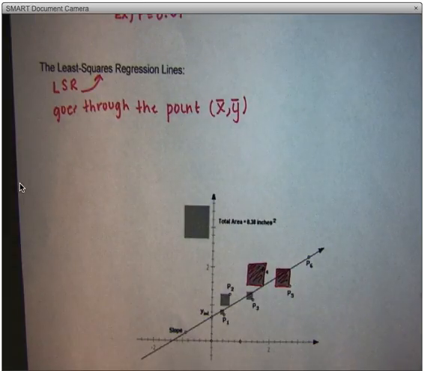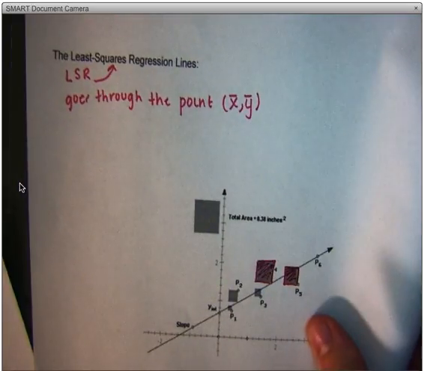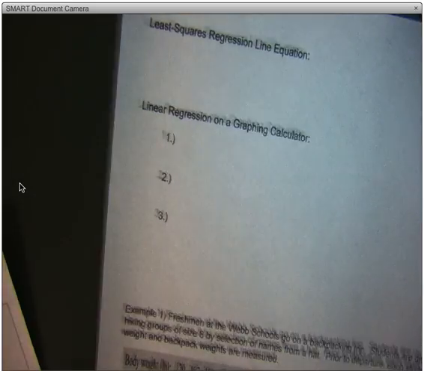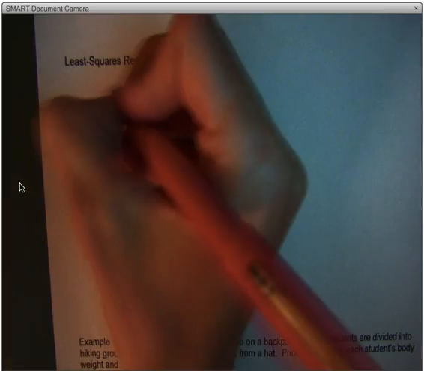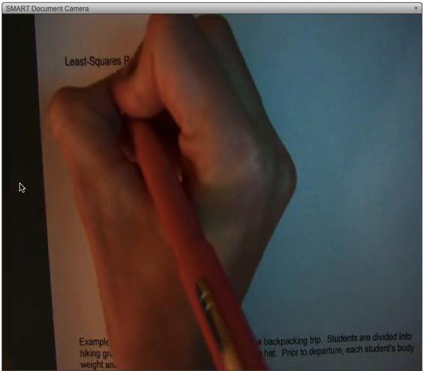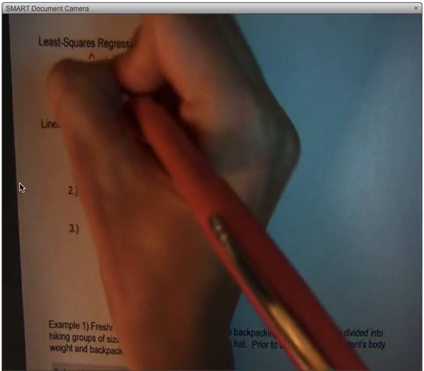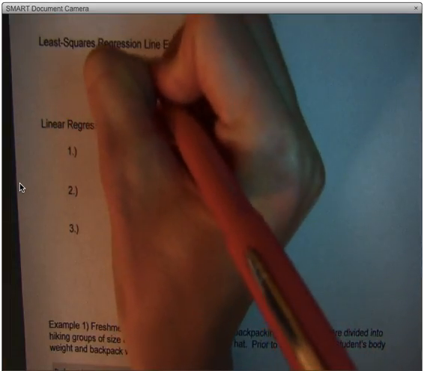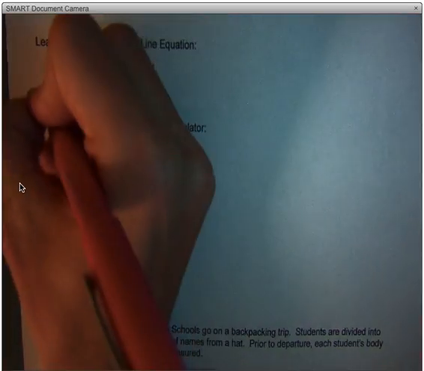Alright, so let's look at what the formula for the equation is. Okay, so the equation, y hat, is equal to a plus bx. Okay, so a couple different things.